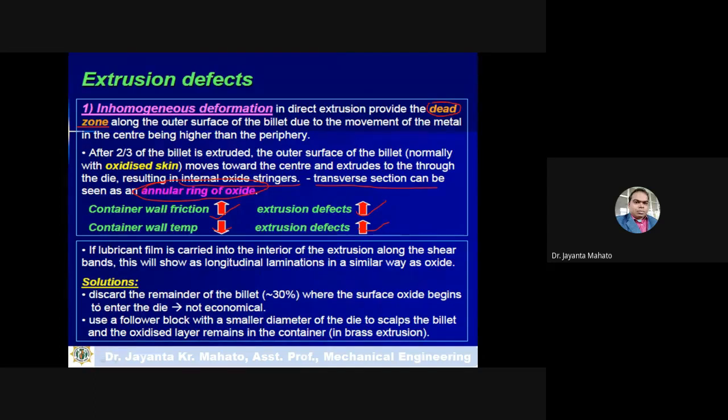The solution is the use of lubricant. If lubricant film is carried into the interior of the extrusion along the shear band, this will show the longitudinal lamination in a similar way as oxide. So use of proper lubrication can minimize this type of defect.